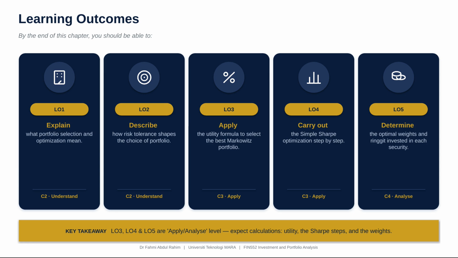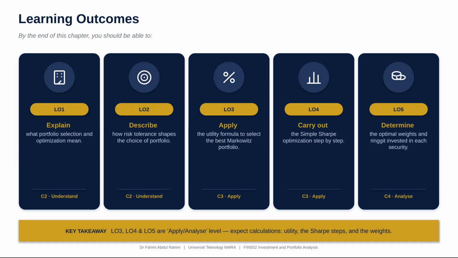The third, an apply level outcome with real calculation, is to use the utility formula to select the best Markowitz portfolio. The fourth, also apply level, is to carry out the simple Sharpe optimization step by step, the 3-step recipe. And the fifth, an analyze level outcome, is to determine the optimal weights and the exact ringgit invested in each security.